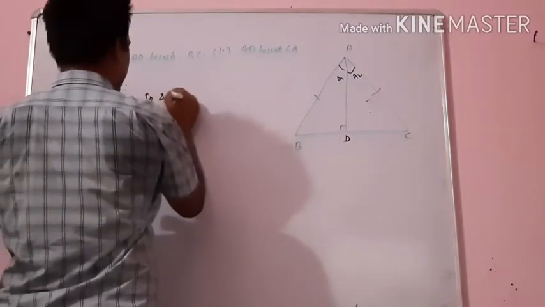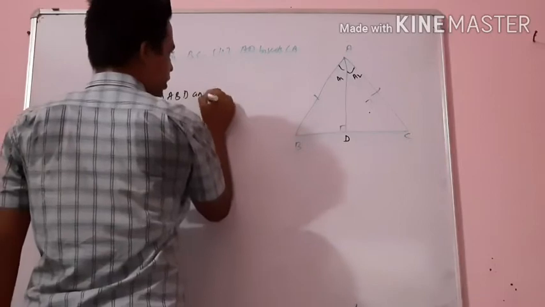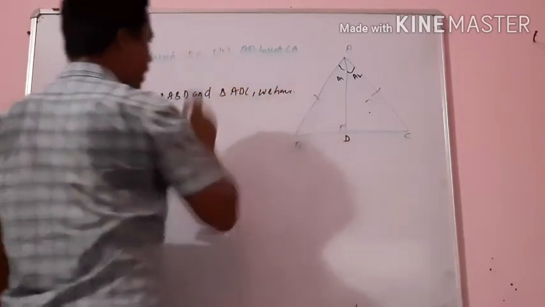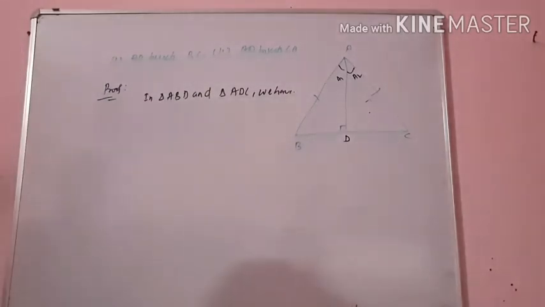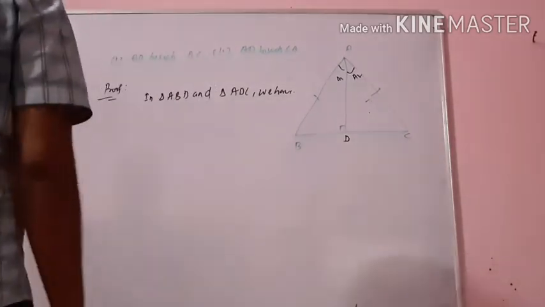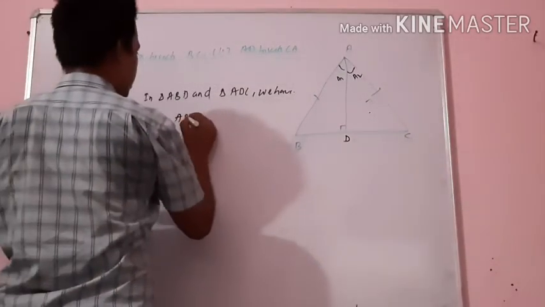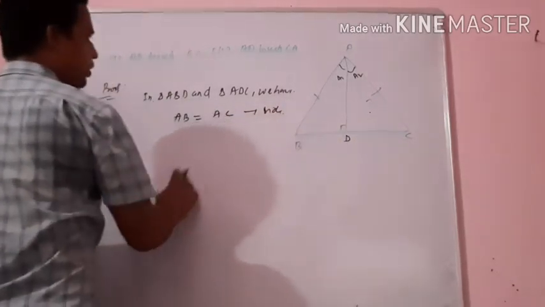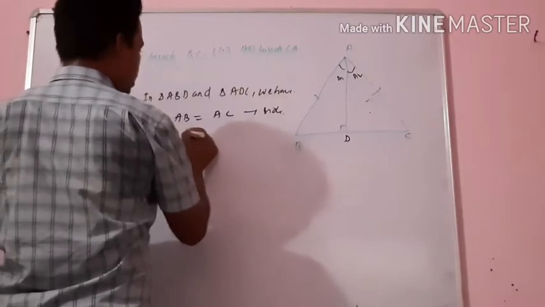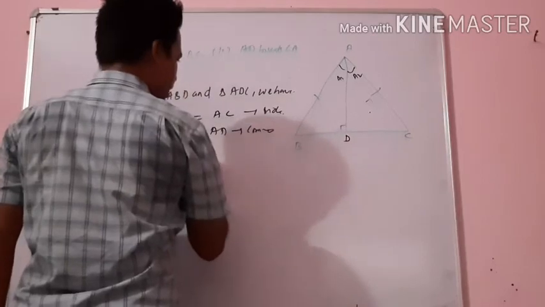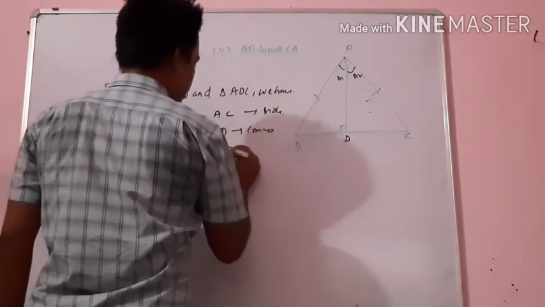In triangle ABD and ADC we have AB equals AC, side, and AD equals AD, common, and angle D is 90 degrees in each.